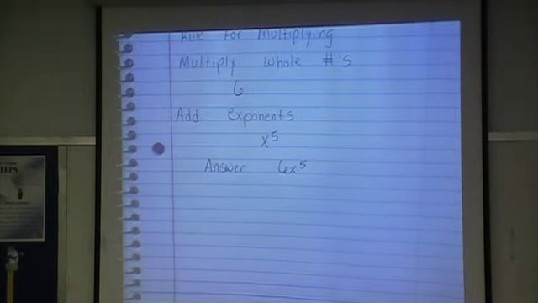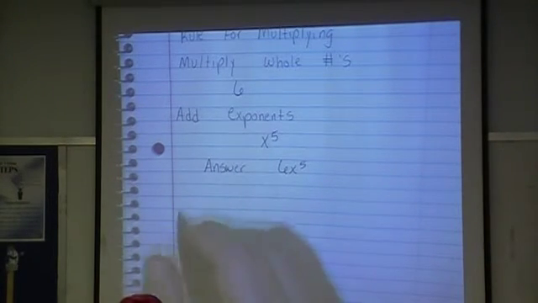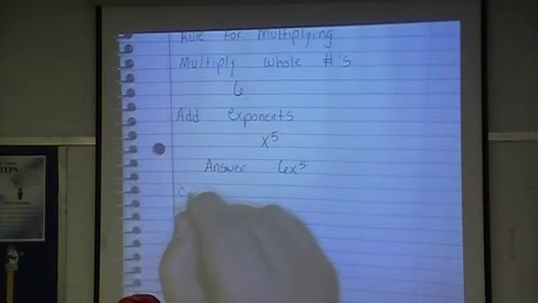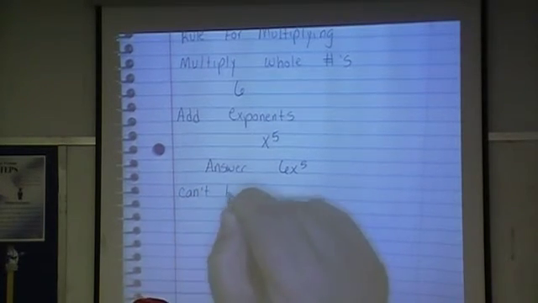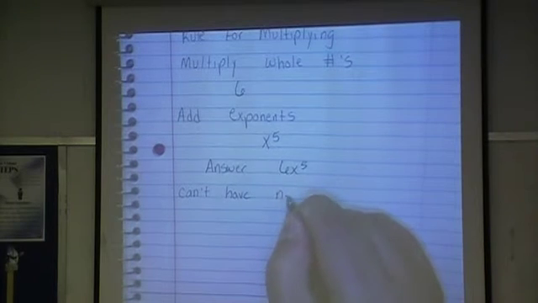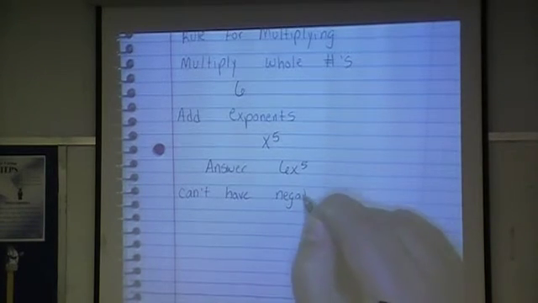You remember when we were taking something from slope-intercept and putting it into standard form? And when we moved something, our x could not be negative. Remember that? Well, on your final answer, you can't have negative exponents.